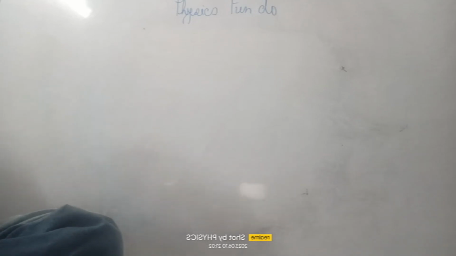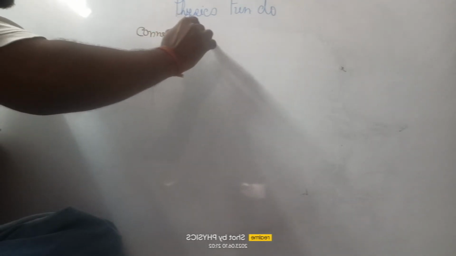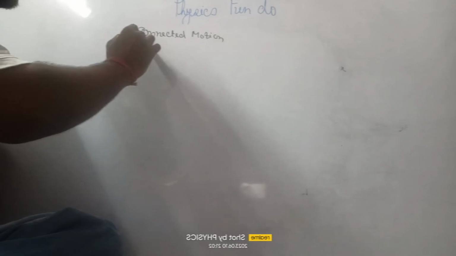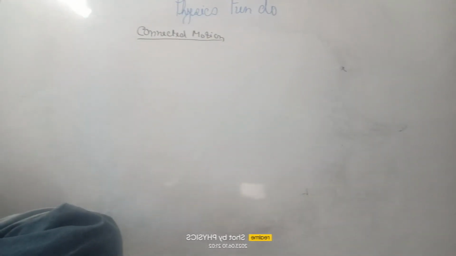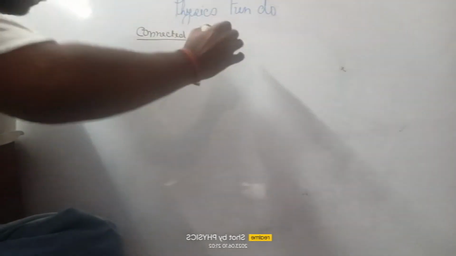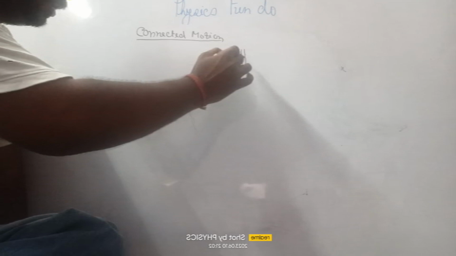Now let's move to the connected motion. First we have to take the case of the fixed pulley. Now let's draw a fixed pulley.